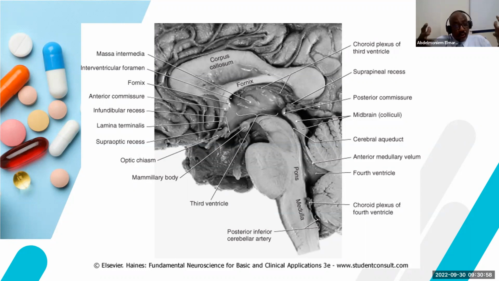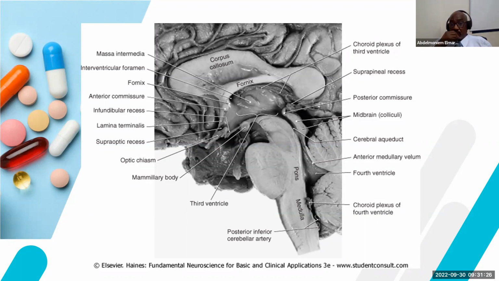If you have an issue in the third ventricle, these diencephalic elements will be affected. If there is a hemorrhage, a hematoma, compression, or a tumor of some sort, then they will compress the diencephalon, leading to lesions in the thalamus, hypothalamus, and the other components. This is piece of information number one.